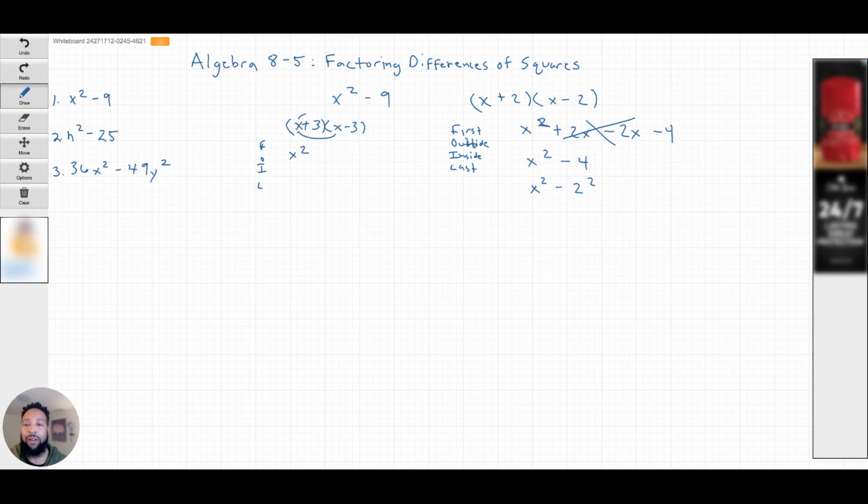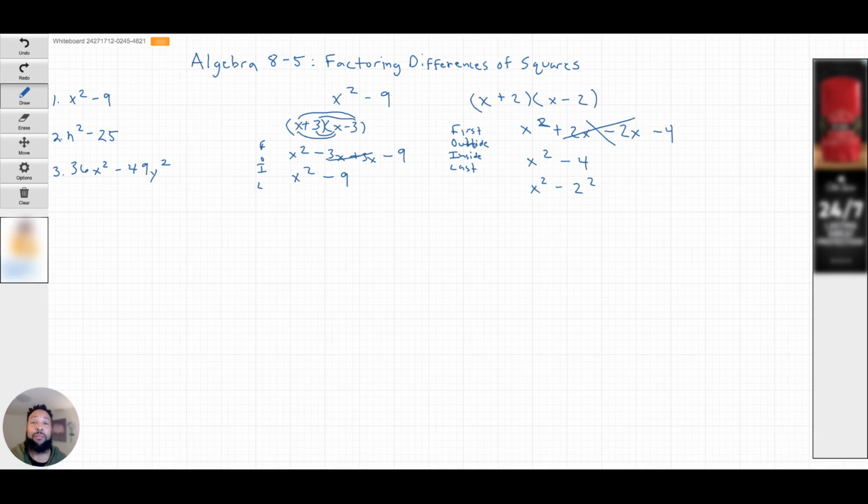Then we'll have our outside, x times negative 3, which is negative 3x. Then we'll have our inside, which is plus 3x, 3 times x. And then we'll have our last, which is 3 times negative 3, minus 9. So when we combine like terms, we have x squared, minus 3x plus 3x, that goes away, and we're just left with x squared minus 9.